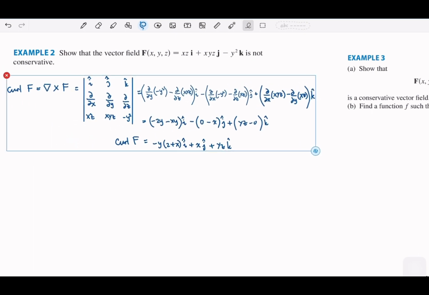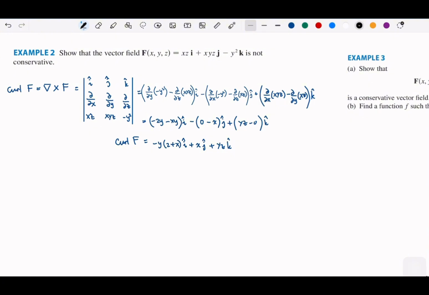This is for reference. So for the curl f, we have the curl f as a vector, which means the curl f is not 0, which means the f is not conservative.